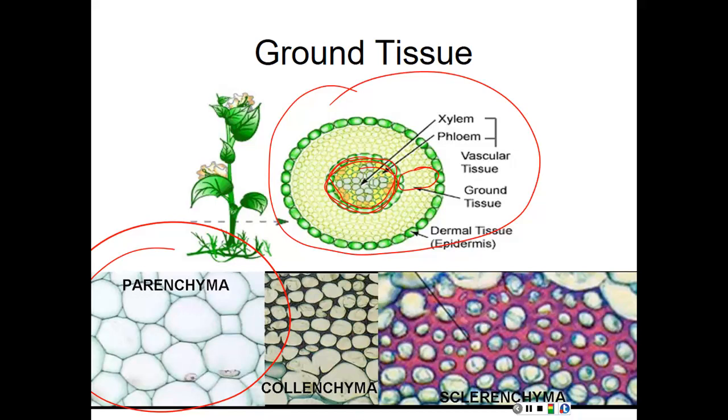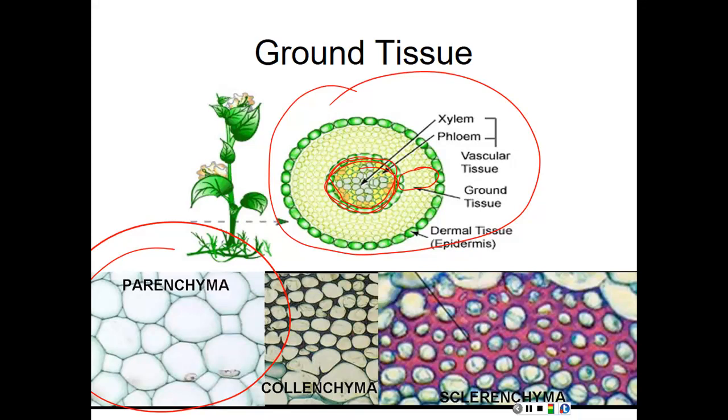And they are typically for providing support. So we oftentimes find these in things like the stalks of leaves, or maybe in non-woody stems, or some growing organs, because although it is strong and supportive, it's also a flexible support.